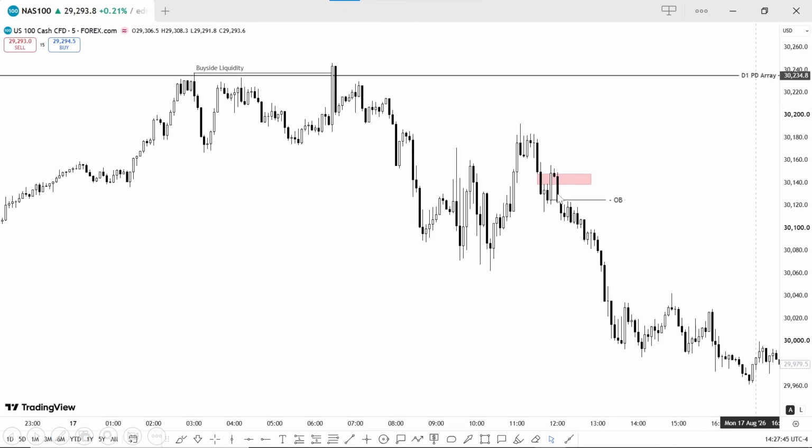See, price traded into the fair value gap, filled it completely and rejected from it. The moment it closes below the opening price of this up close candle like this, that is where you should be entering. You have your execution here and you anticipate price to start moving to the downside.